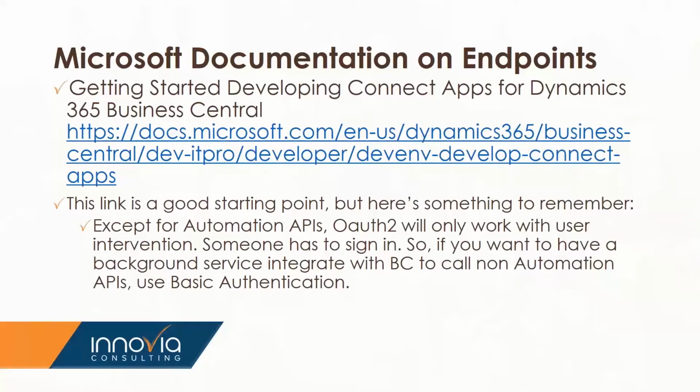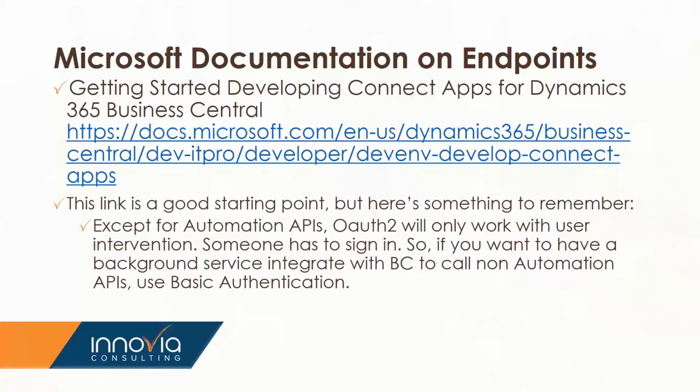So if you're actually making an app that is reading information from a SQL database and you want to send that information over to Business Central or vice versa, so you've created your own app, it's working service to service, and you don't want there to be any user intervention at all on having to authenticate. In that instance, you won't be able to use OAuth 2 for custom APIs or standard Microsoft APIs like items or customers.